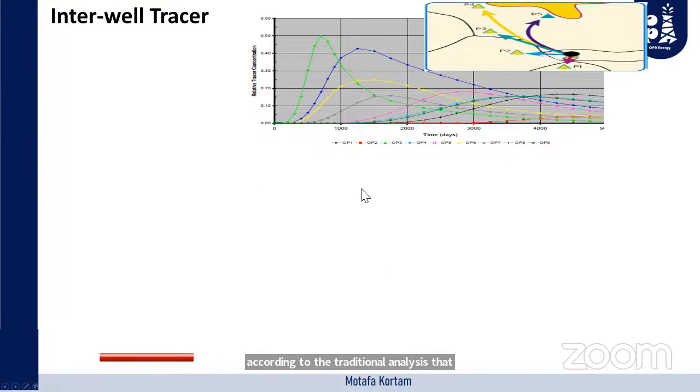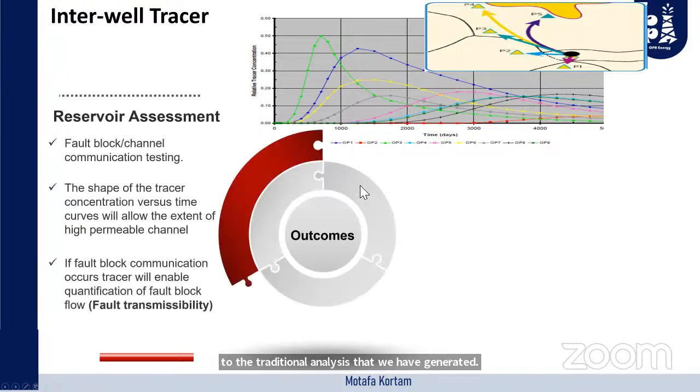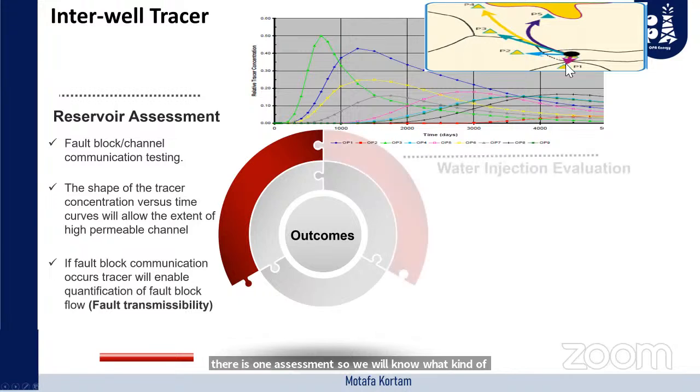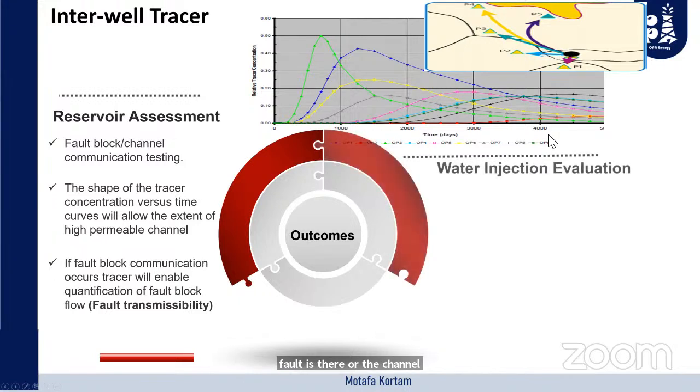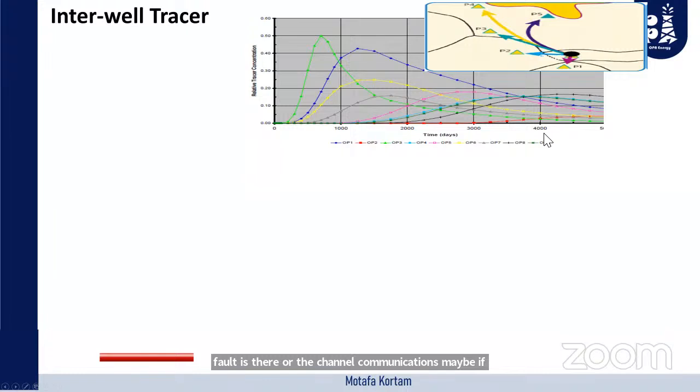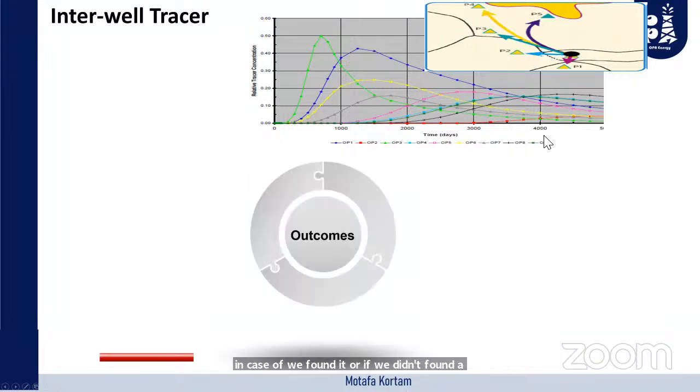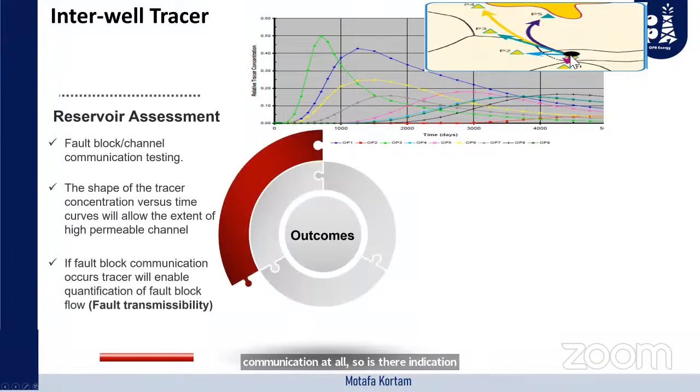So in brief, the major outcome is the reservoir assessment. We will know what kind of fault or channel communications exist. If we didn't find a communication at all, there is an indication of a fault or a seal. Also, the shape of the tracer concentration versus time curve allows identifying a high permeable channel.